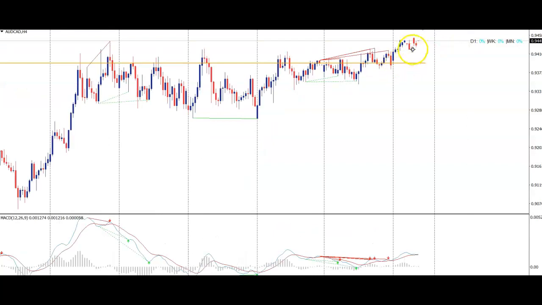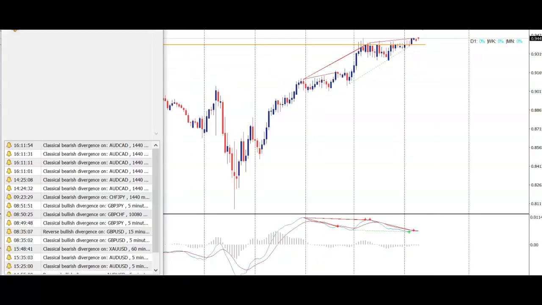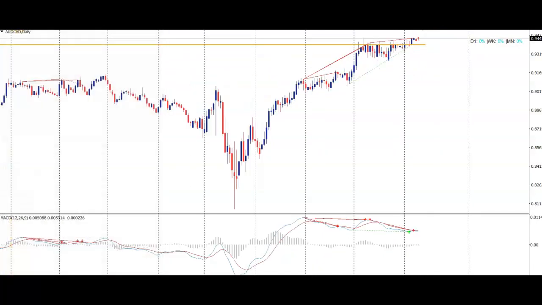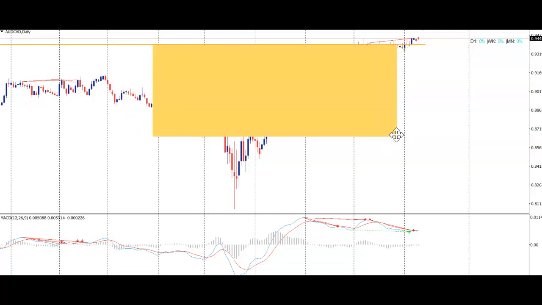The market could push up a little bit further next week, and where I'm looking to sell this is, so we'll just get the text up here. I'm looking to sell this, so it's sell AUD CAD at 0.95.